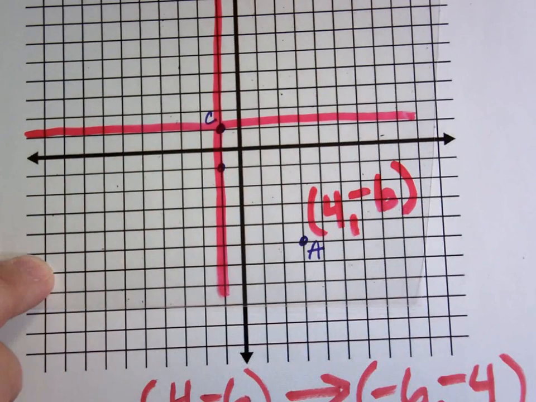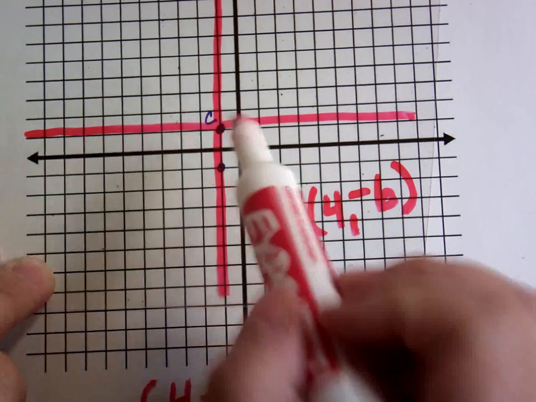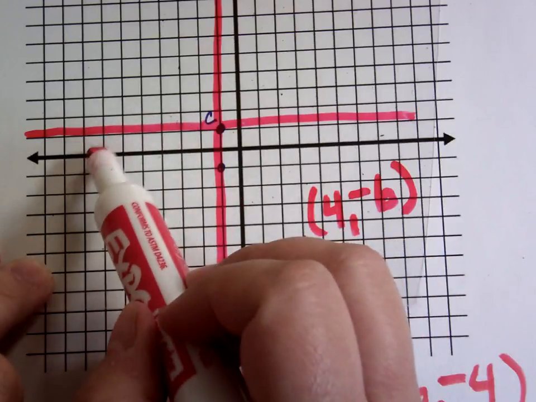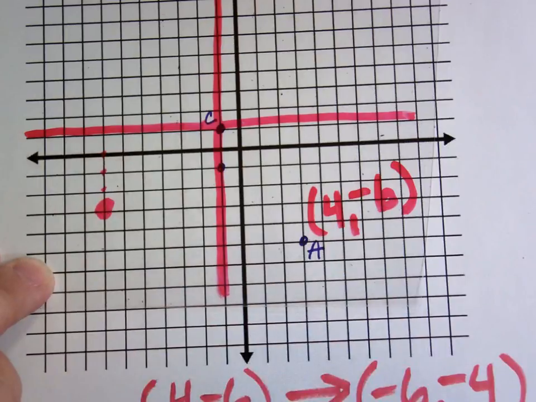Now, again, we're still in the world where C is at the origin. So I'm going to go from the origin, -6, -4. So -6, 1, 2, 3, 4, 5, 6, 1, 2, 3, 4, and it's right here. The last step is I have to take away the imagination that C is actually at the origin. Because the real coordinates of that point are not -6, -4.